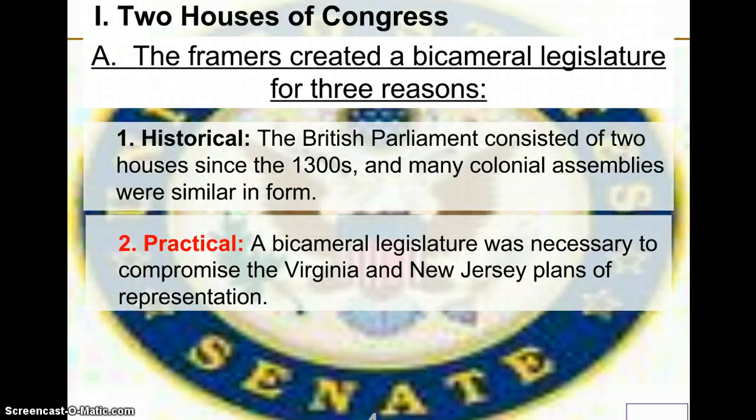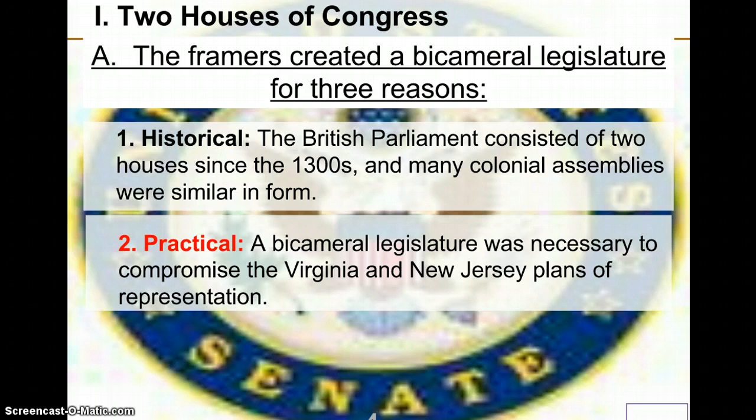The Virginia plan, large state, and the New Jersey plan, small state, to determine how states would be represented in Congress.